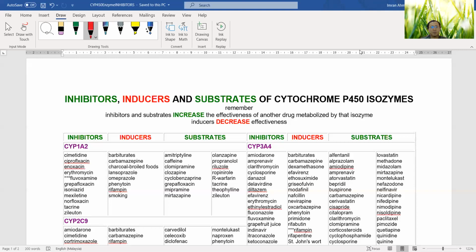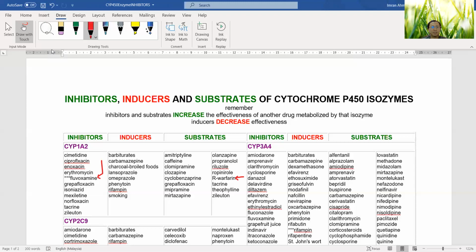For example, let's look at the drug Warfarin. Warfarin is what we call a blood thinner, an anticoagulant. Some patients might be on Warfarin. Let's say a patient is on Warfarin, and then we want to start the patient on an antidepressant, Fluvoxamine.